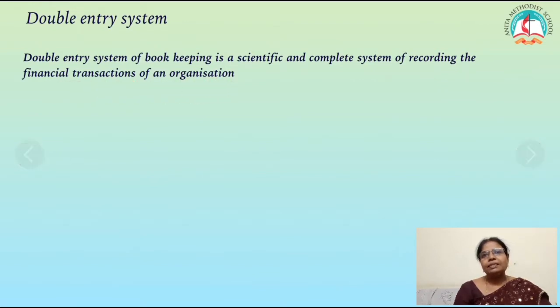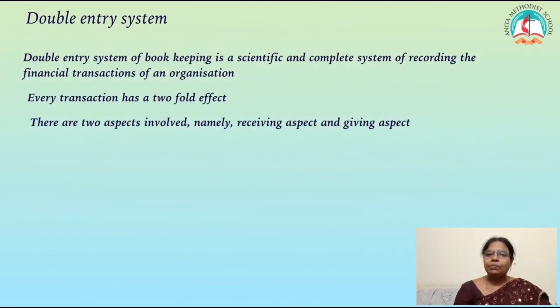Children, every transaction has two-fold effect. There are two aspects involved, namely receiving aspect and giving aspect. So what are the two aspects involved in the double entry system? Receiving aspect and giving aspect. It is denoted by debit, in shortened form written as DR, and credit, CR.